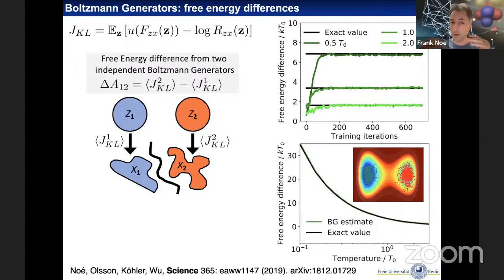This is very much in the spirit of what solid state physicists do when they compute free energy differences in materials and refer to an Einstein crystal as a reference, or when you're interested in liquids or gases and you use an ideal gas state as your reference. That's the same idea here, just that the main difference is you can now learn very complicated variable transformations. So you may be able to get away with pretty simple reference states, even in complicated systems.